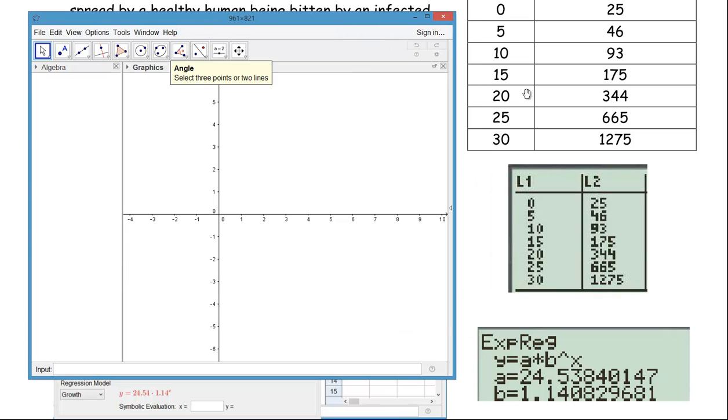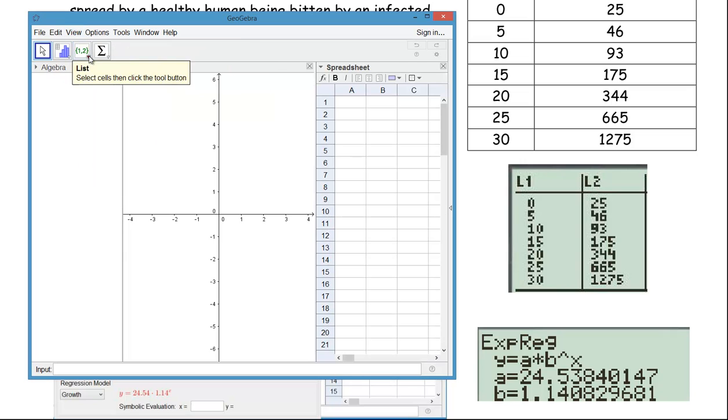We want to type in this data first of all. So if you go to spreadsheet, you'll get this spreadsheet looking thing over here. So here's where you type in the 0 hours, 5 hours, 10. Okay, and then we'll go over here and type in these numbers.